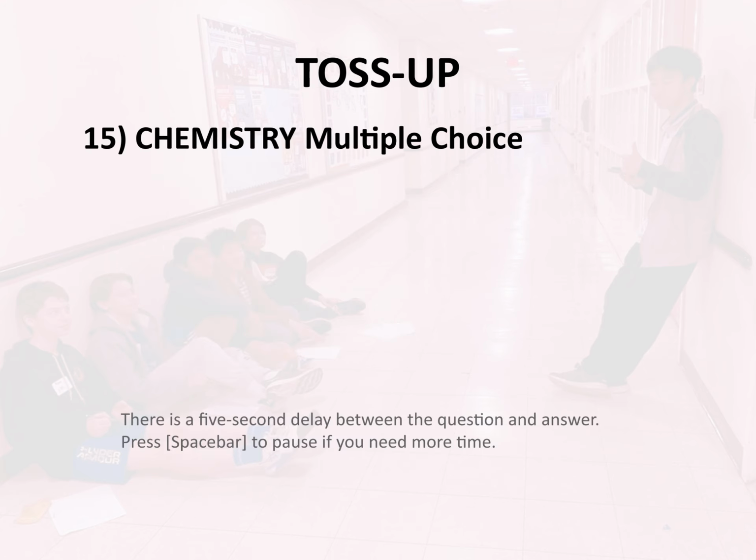Toss-up 15. Chemistry. Multiple choice. Each of the following pairs of chemicals are dissolved in aqueous solution at concentrations of 1 molar. Which pair would form a buffer solution? W. Sodium formate and formic acid. X. Sodium nitrate and ammonia.